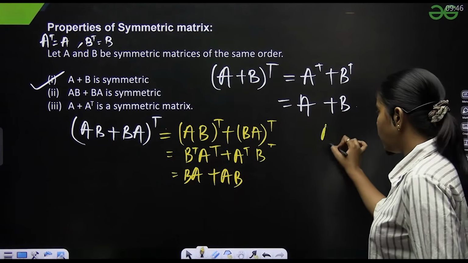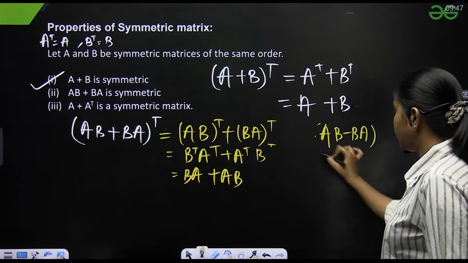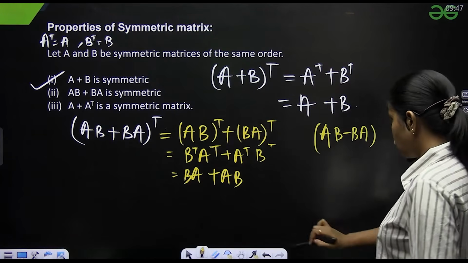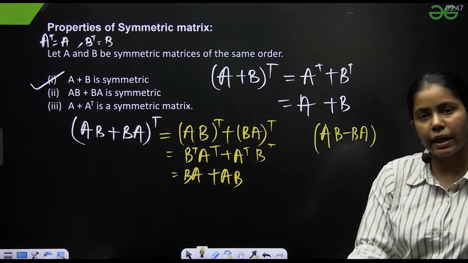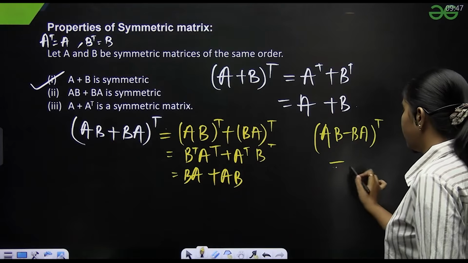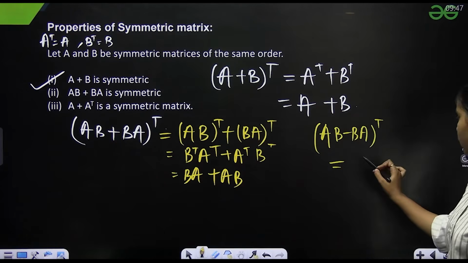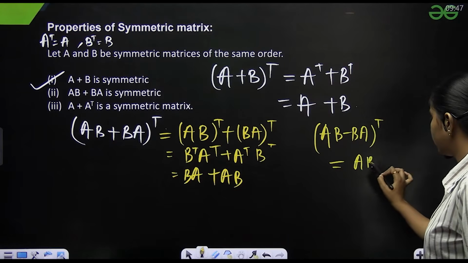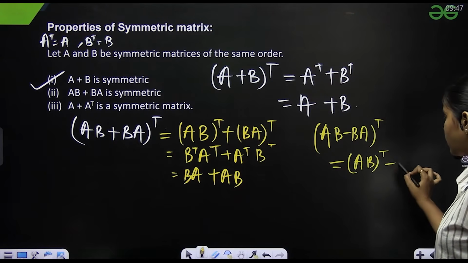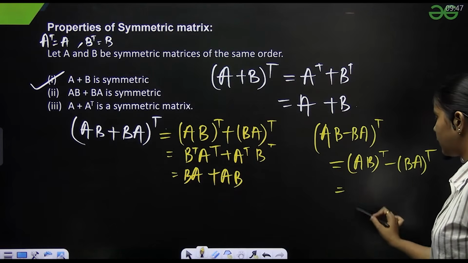But can I do the same thing for AB minus BA? Can you check that? Just pause the video and try to check it by yourself. I am also checking here. So AB minus BA transpose is AB transpose minus BA transpose, because subtraction doesn't change by taking a transpose.